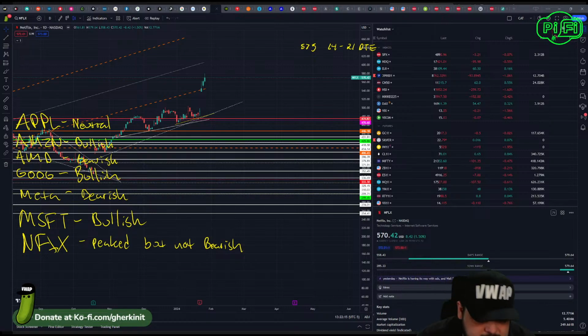You could maybe target the 550 level, which would be the next point of mean reversion. And that could be a way to play the bearish side without taking on too much upside risk.